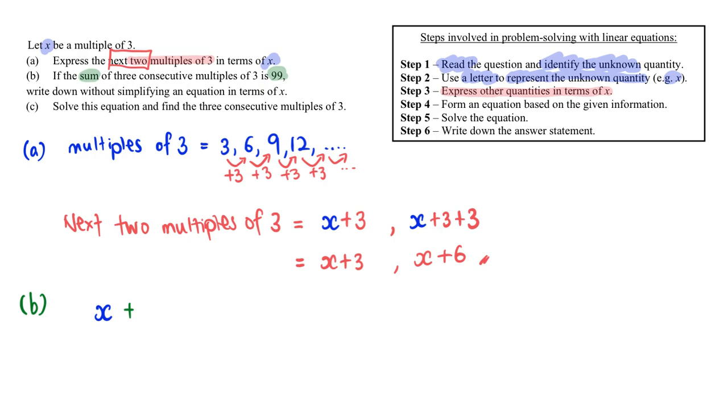The next 2 multiples are x plus 3 and x plus 6. And the question tells me this sum equals 99. And they also tell me we do not have to simplify at this juncture. So this will be the answer for part B.